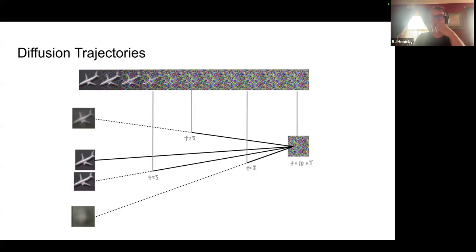Then as time goes on, we get to t equals 5, and we have a better estimate of that noise because we've gone through several steps. We add that to t equals 10, and we get that airplane that's kind of blurry in the top left. Then t equals 3, and finally we get to something that's really close to the original data.